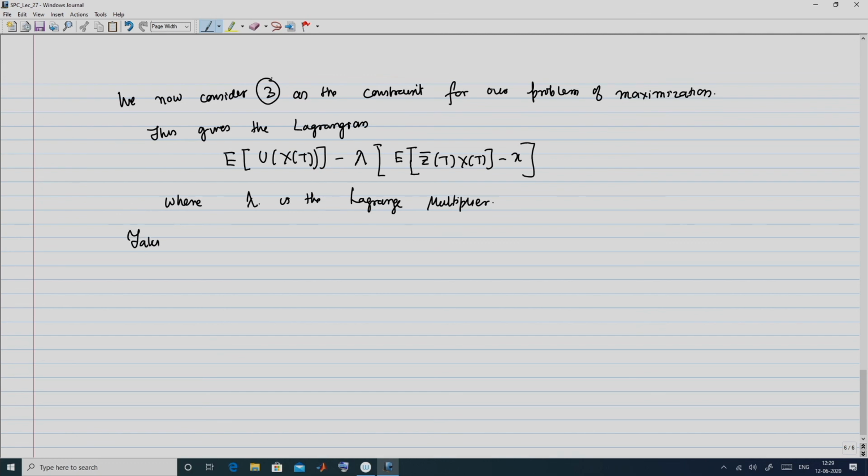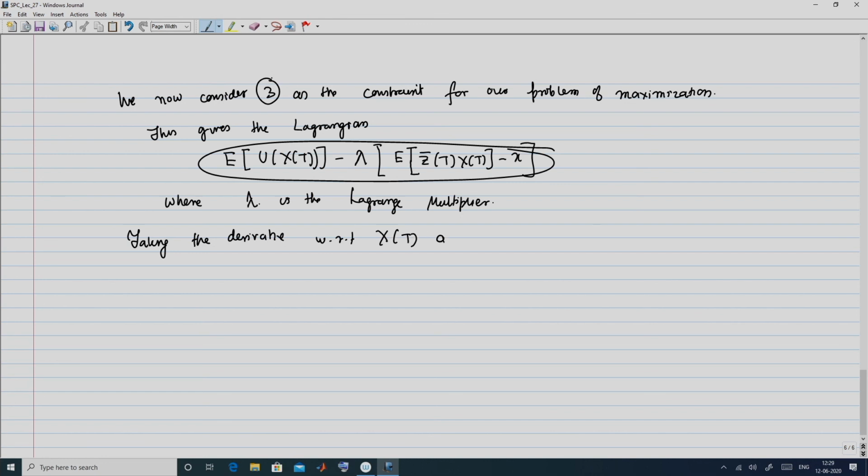Now, we want to basically solve the optimization problem using this Lagrangian. So, taking the derivative with respect to x of t and setting equal to 0, we get the expected value of u prime of x hat of t minus lambda into z bar of t equal to 0.